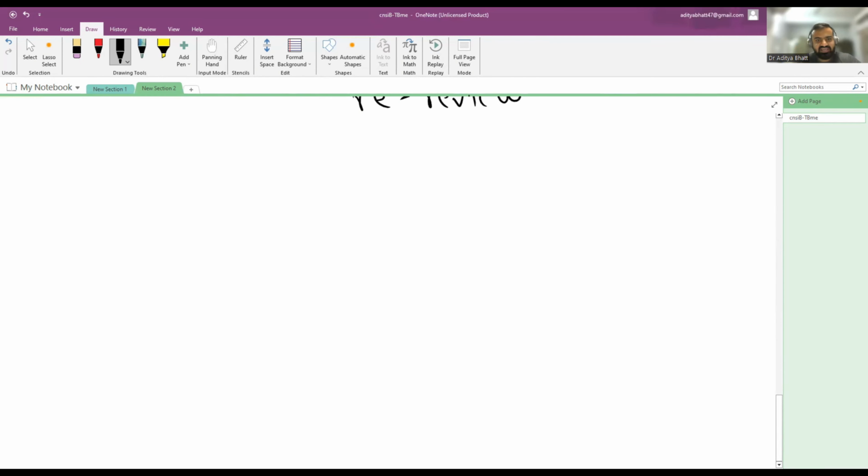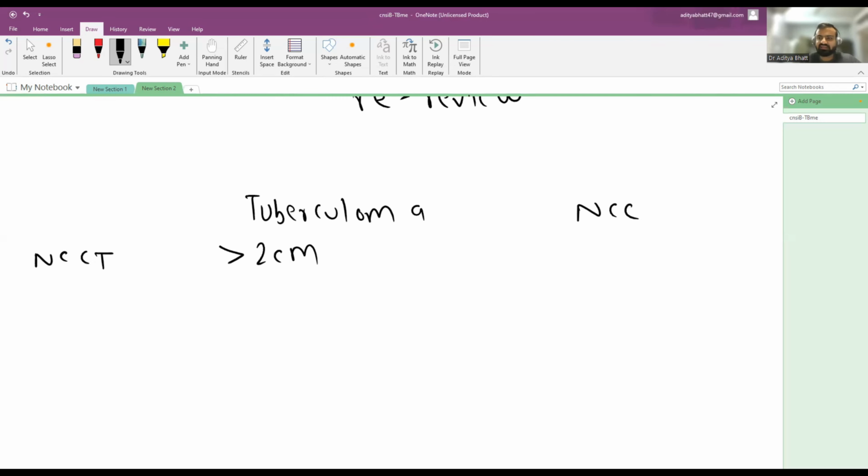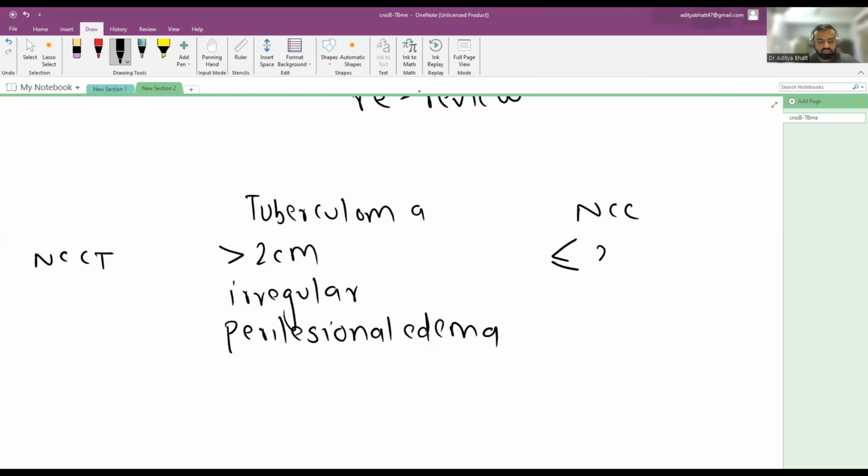Now, how do you differentiate tuberculoma from neurocysticercosis? When you go for NCCT, in tuberculoma you have a lesion of more than 2 centimeters, which is irregular in shape, and perilesional edema is there. On the other hand, NCC is less than or equal to 2 centimeters with a thin round border and variable edema, not extensive.